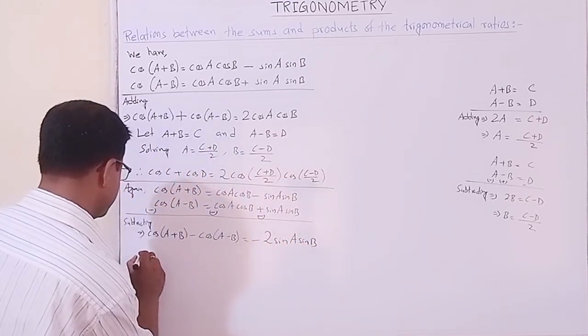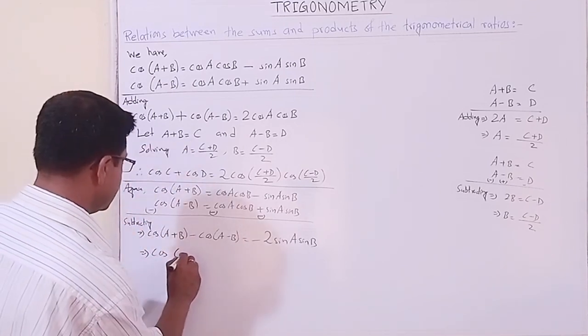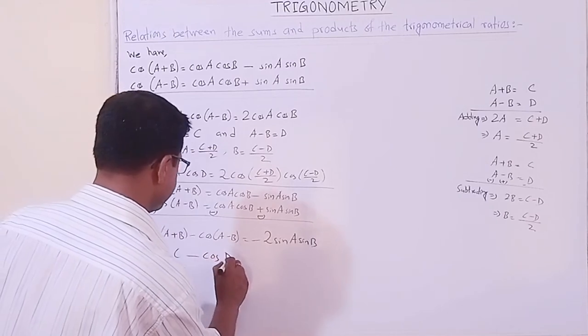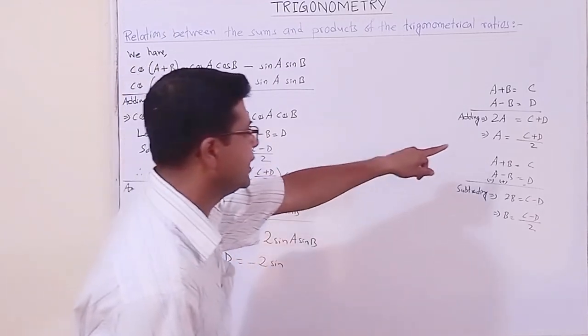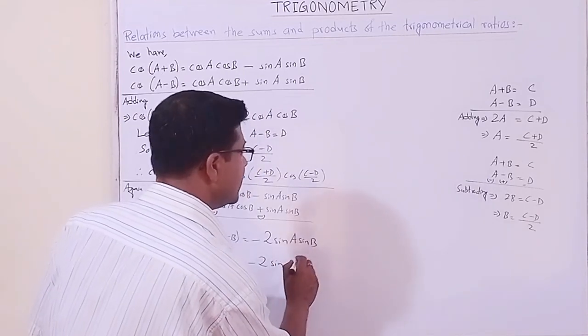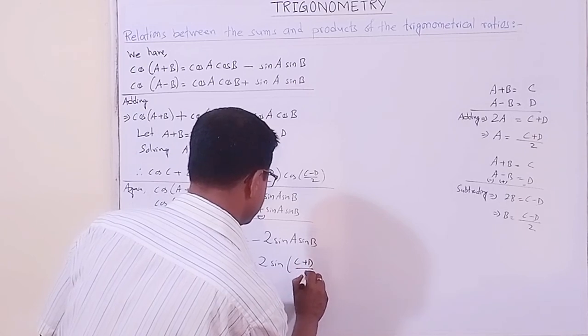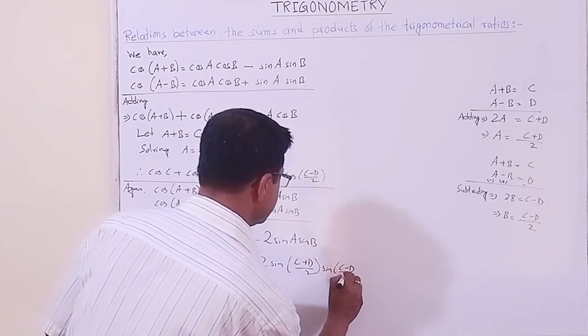So let us substitute A plus B equal to C, A minus B equal to D. If we solve for A and B, A equals C plus D by 2, then sin C minus D by 2.